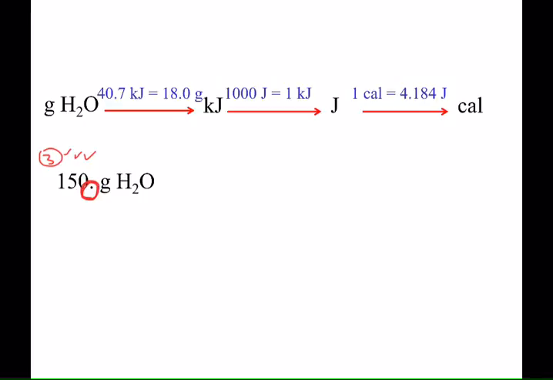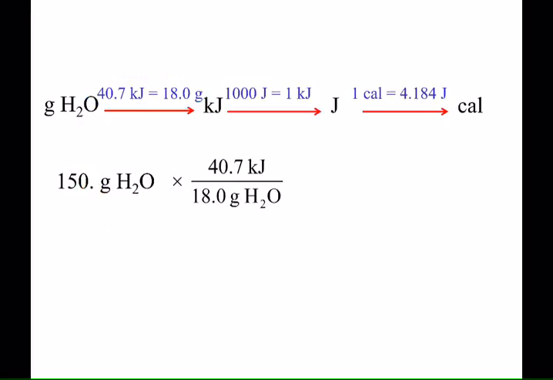So I put that number over 1, and then I introduce this energy per gram right here. I want units of grams to cancel and be left with units of kilojoules. So this is what it looks like. Now units of grams cancel.